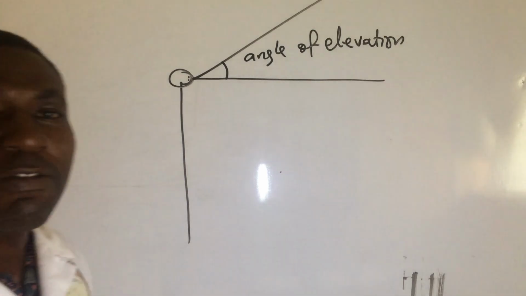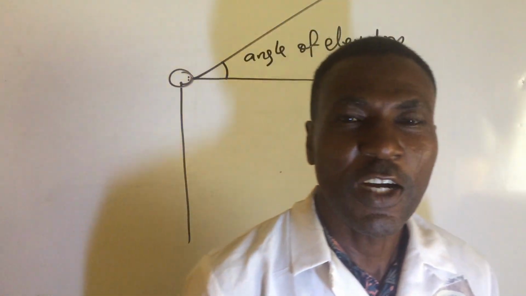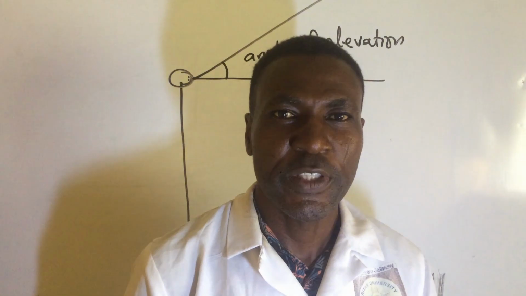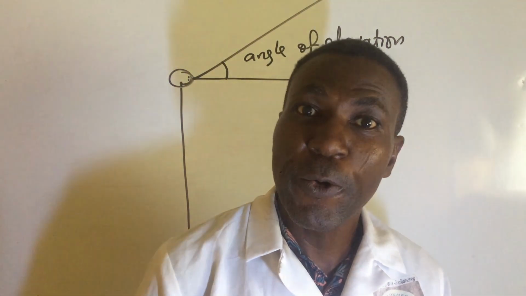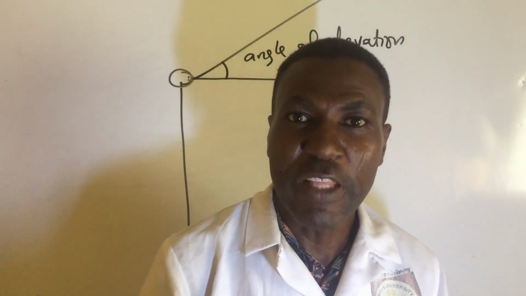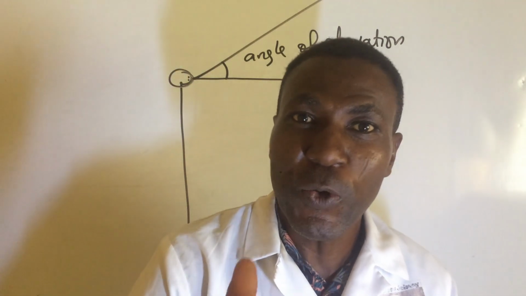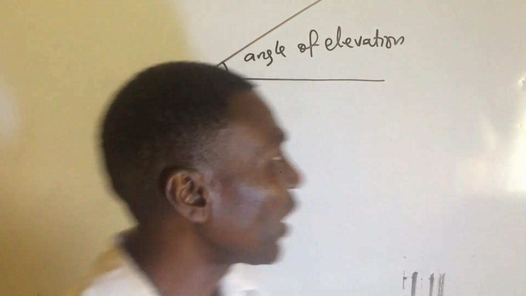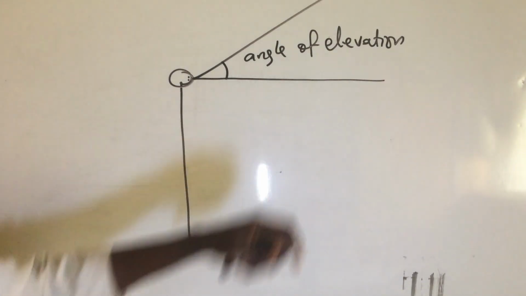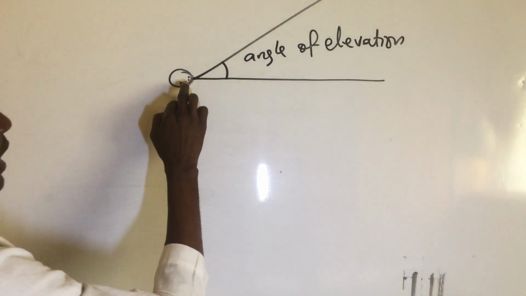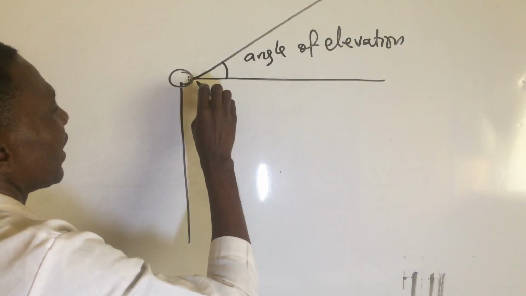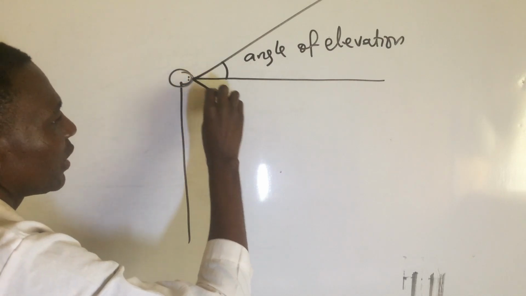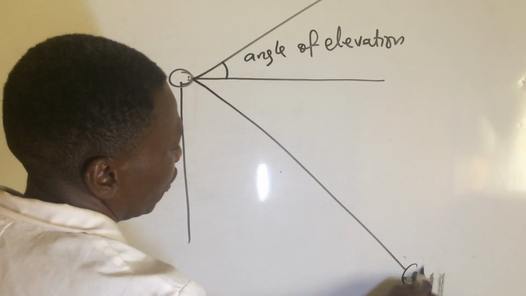Now, we also have another angle, which is the angle of depression. The angle of depression is the angle below the eye level. If the person's eye level is this, then the angle of depression is like the person looking downward, trying to see an object here.